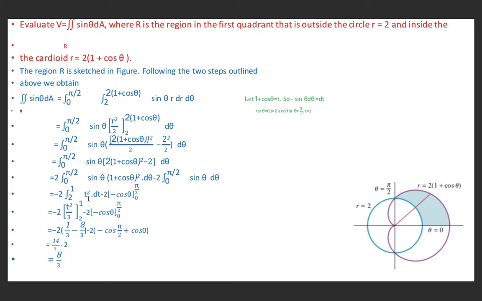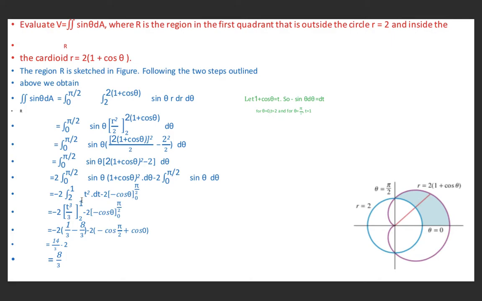Now we have a simple integrand, t square. The integration of sine theta is minus cos theta, with limits from 0 to pi by 2. This is simple to integrate. The integration of t square is t cube upon 3, limits from 2 to 1, and this is minus 2 into 1 minus cos theta, from 0 to pi by 2.